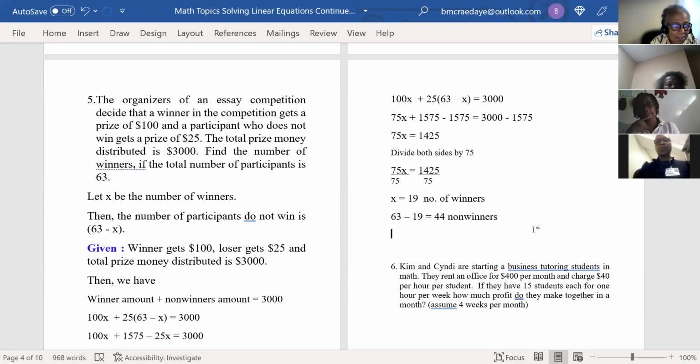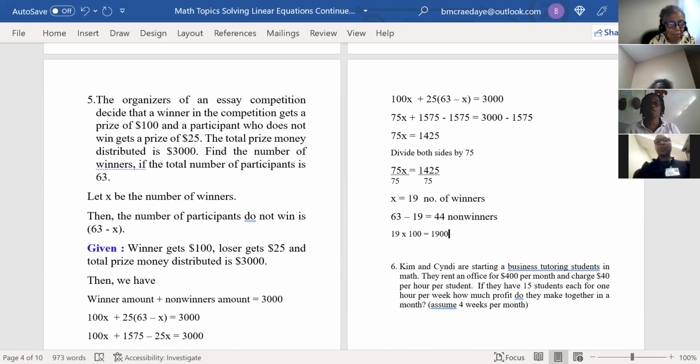You place the 19 at the X. Each winner got what? What was the prize for the winners? $100. Yes. So if you take the 19 times 100, you get what? $1,900. Right? 1900.